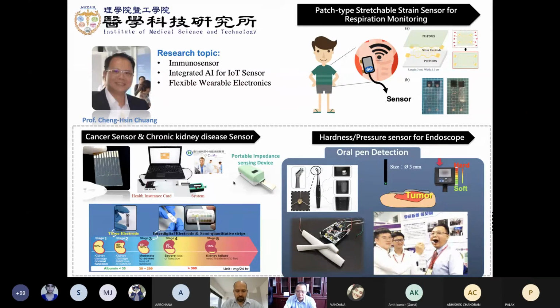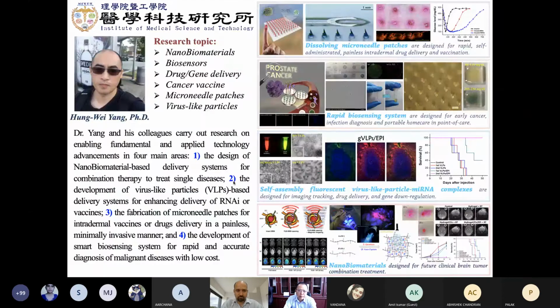So you can see in our lab, we can make this kind of small sensor by semiconductor fabrication or screen printing fabrication, okay. And Professor Yang, he is a very excellent scholar, and right now in his lab, he developed some kind of microneedle patch and rapid biosensing. So recently, he already developed the COVID-19 liquid-based biosensing, and he also got a big budget to start up a new company, okay.